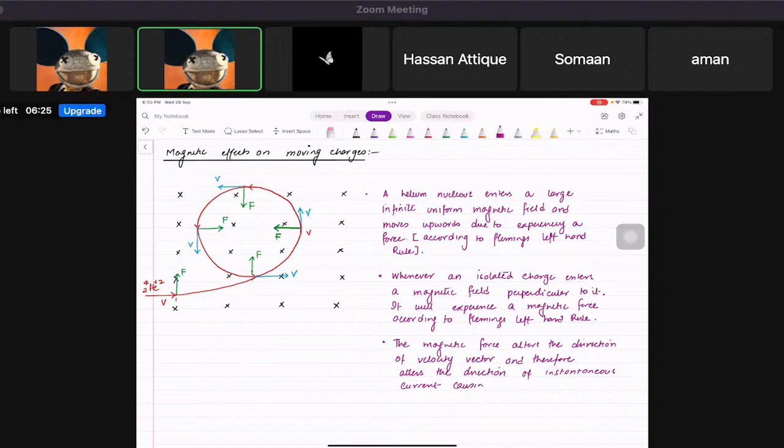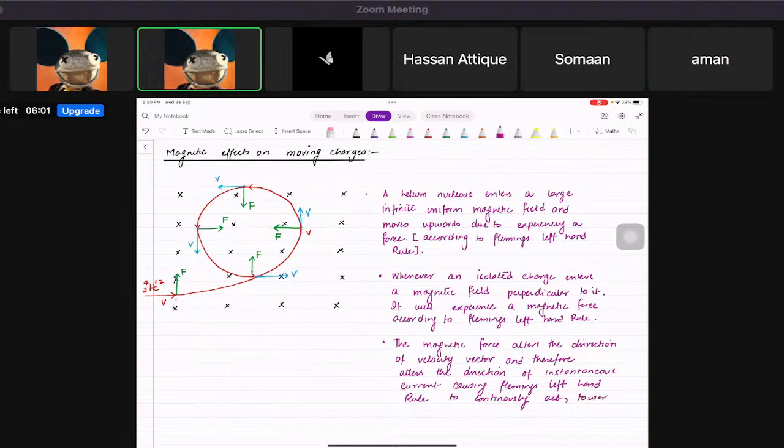Causing Fleming's left hand rule to continuously act.